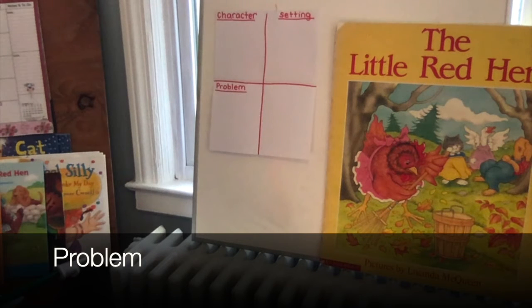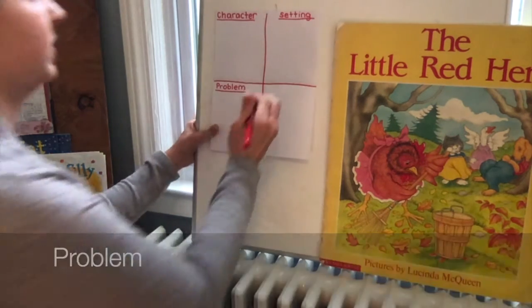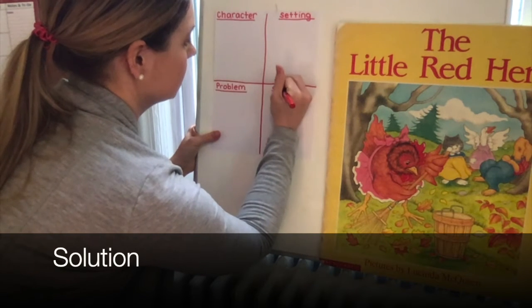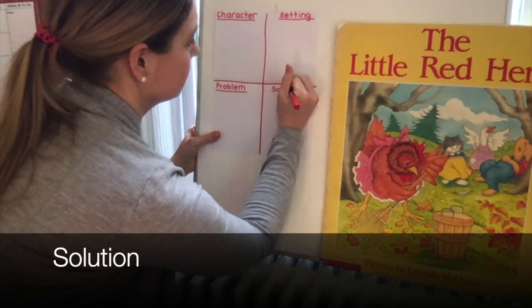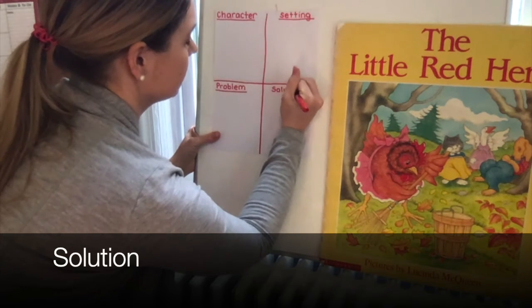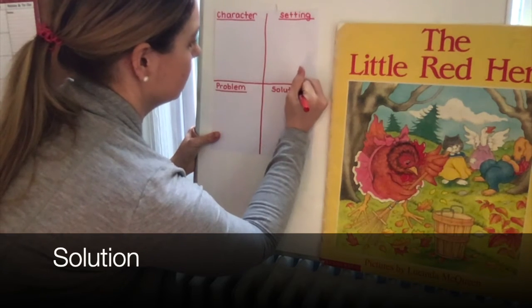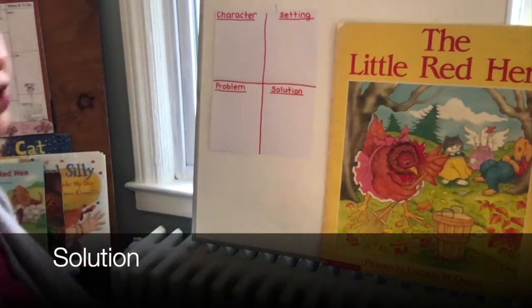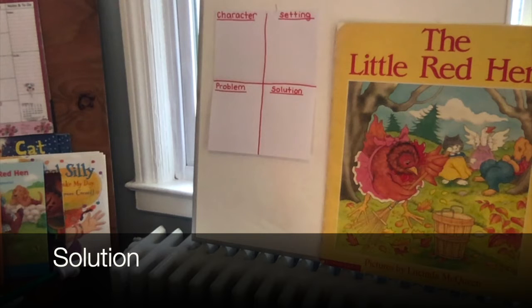Go ahead and write problem in your third box. And our last box is going to say solution, S, O, L, U, T, I, O, N. Go ahead and write solution in your last box.